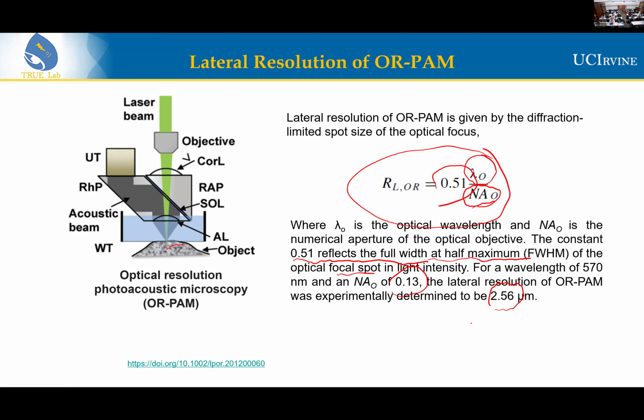So let me ask you guys, if I have this type of optical resolution microscopy, and I want to study something even smaller, 3 micrometers resolution is not enough. What are you going to do as an engineer? How are you going to improve the resolution based on this equation? Higher end optics, water immersion optics. Sorry, can you say it again? Higher NA objective, like water immersion objectives, which have high numerical aperture.